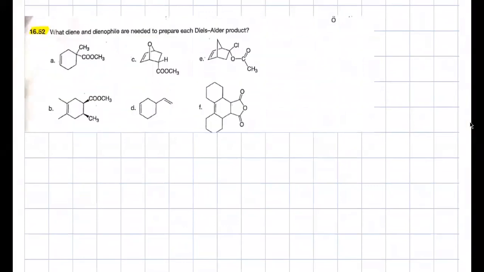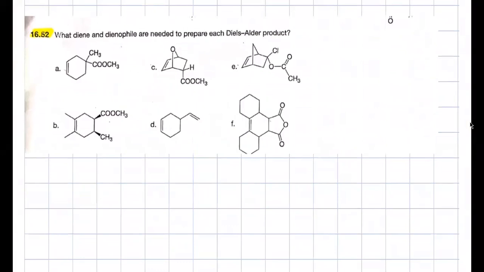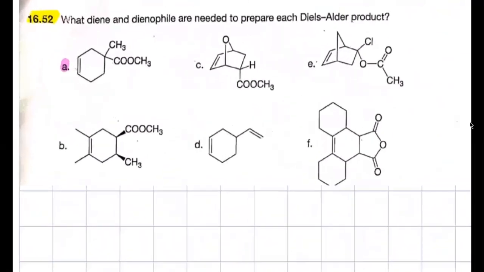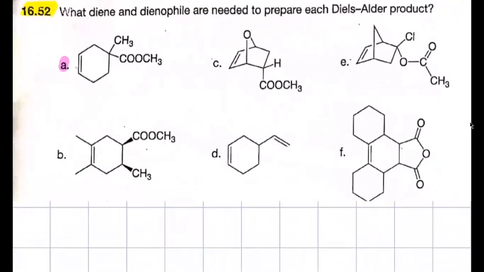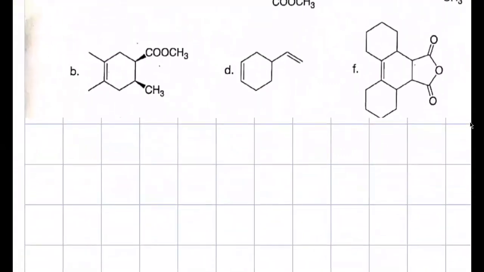Paste that right here. Let's work through all of these. Let's work through all of them. We got time. Let's start with A. What would you do for A? And we're working backwards now. We have the product.